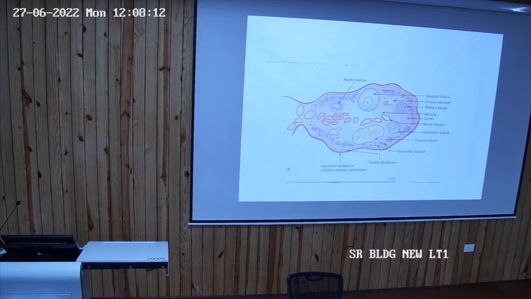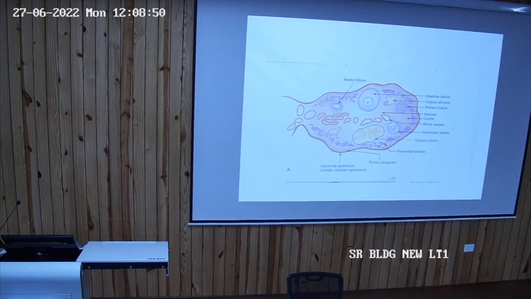The parenchymal part of the ovary is divided into an outer cortex and an inner medullary part. In this diagram, you are seeing the various types of follicles: smaller size primordial follicles, slightly larger primary, secondary, atretic, all these types of follicles are located in the cortex. While in the medullary part, you are seeing only blood vessels, nerves and lymphatics, nothing more.